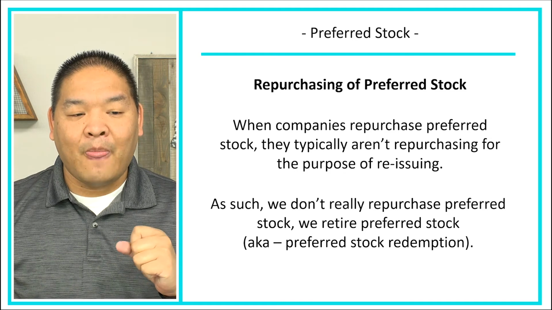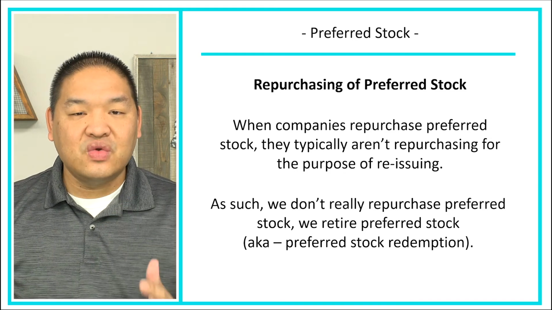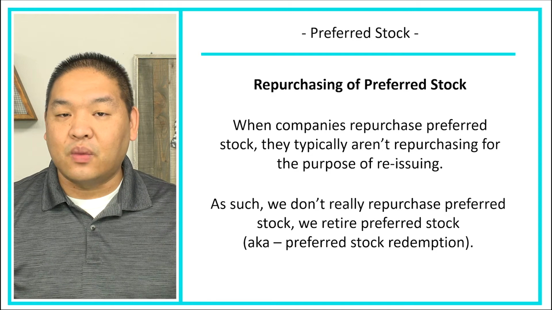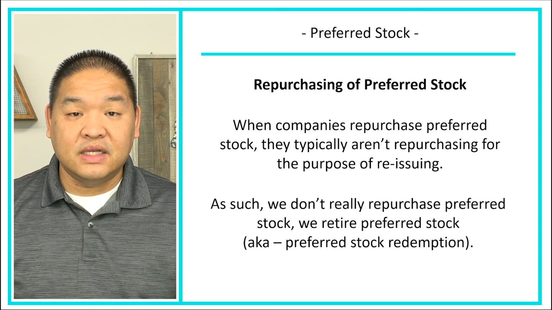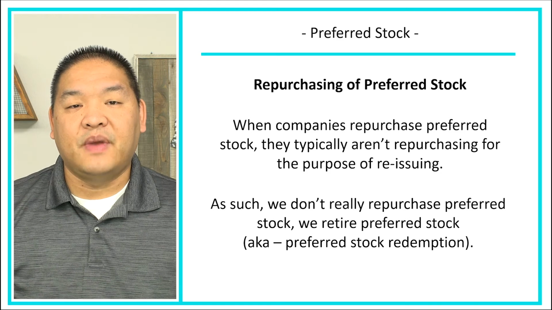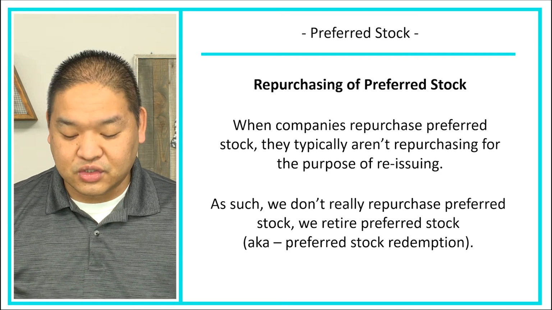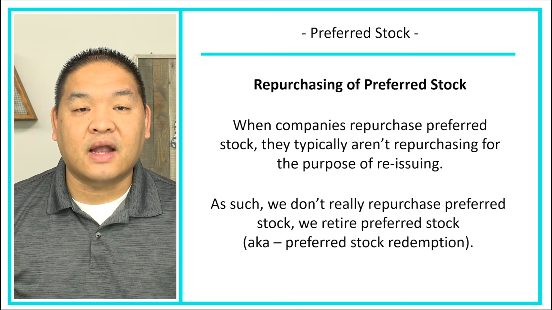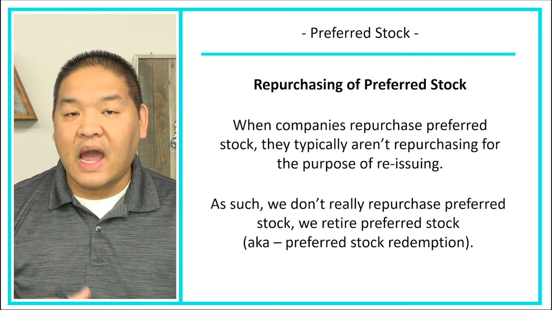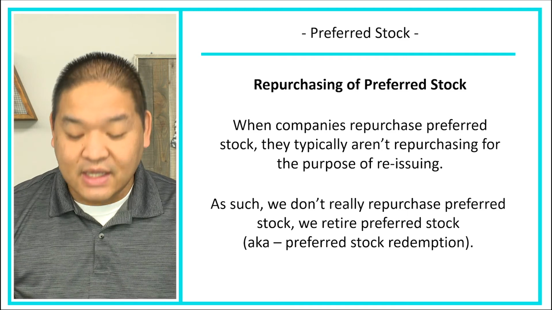So instead of having to do that, they take the preferred shares away, and then they can take all of the income and be able to pay common shareholders. So that is a key aspect here of preferred stock repurchases, is that we're going to retire them. We're not necessarily going to reissue them.